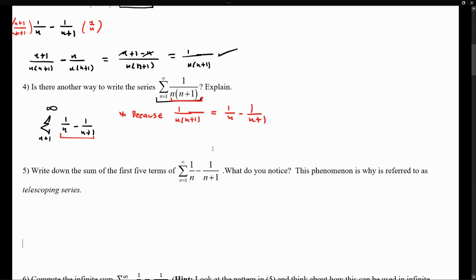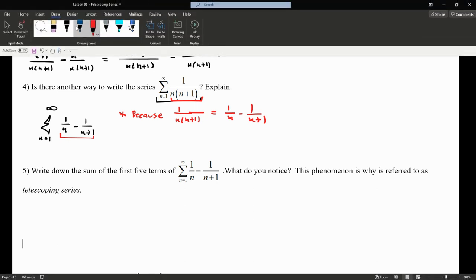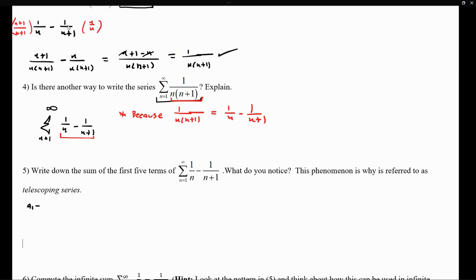How about we write down the sum of the first 5 terms and let's see what we notice. Because we have already shown that the series we are given is equivalent to this series, I should get the same result. But let's find out. So let's find the first term in our sequence, which would be 1 over 1 minus 1 over 1 plus 1.